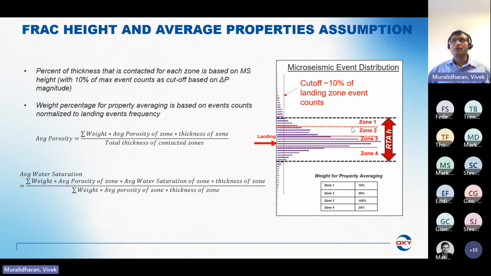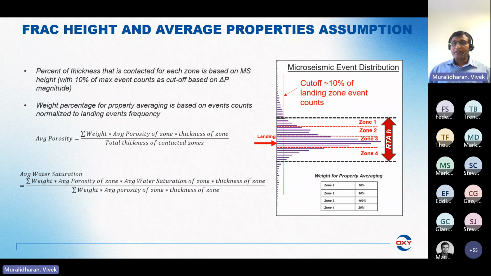Otherwise, you're going to have huge swings in the relative permeabilities from well to well, which is not right, because some of the zones may be high water, but if the landing zone is still rich, the well may not be seeing a high water oil ratio. The landing zone typically controls a lot of your production and the behavior of the water oil ratio and the GOR.